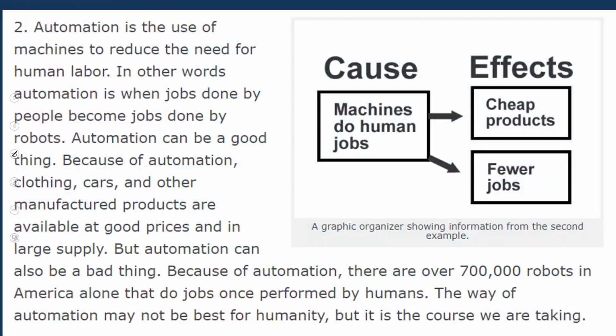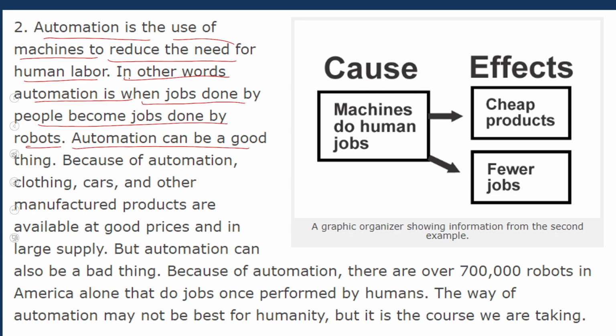Now let's talk about an example using a prose, a passage. Automation is the use of machines to reduce the need for human labor. In other words, automation is when jobs done by people become jobs done by robots. Automation can be a good thing.